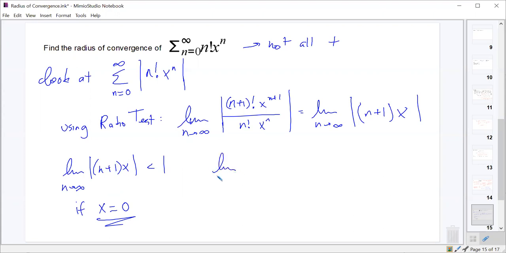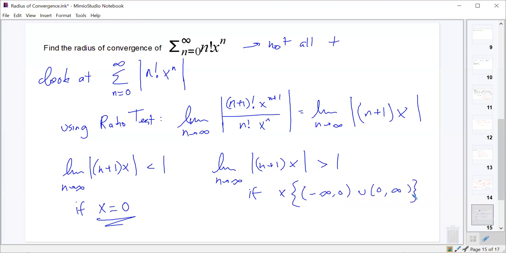We would say that the limit as n approaches infinity of this n plus 1 times x is greater than 1 if x is an element of negative infinity to 0 union 0 to infinity. And so we would say then here, what is our radius of convergence?